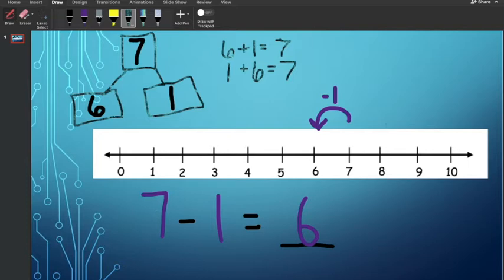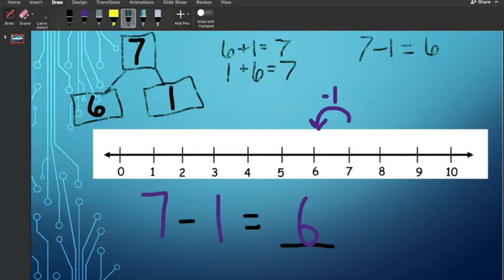And then here in the subtraction problem, I had 7 minus 1 equals 6. Those are the same 3 numbers that I've been using in my number bond. 7 minus 1 gives me 6.